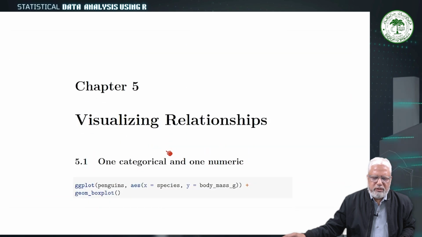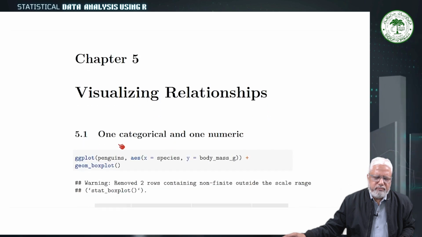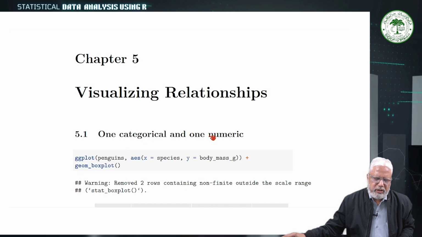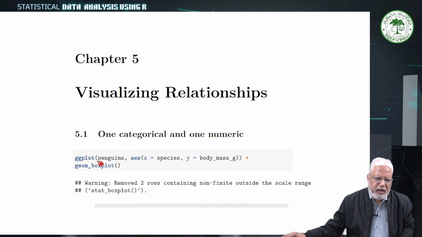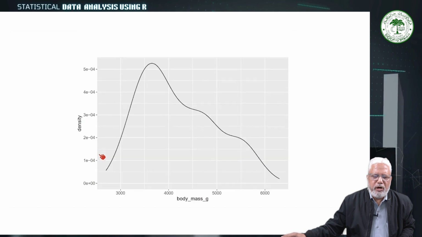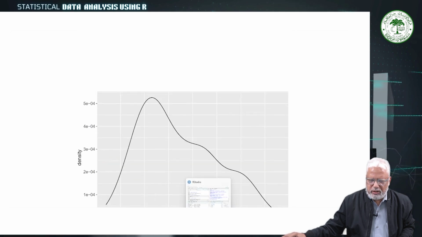Then visualizing relationship, one categorical and one numeric. ggplot penguins, first I would like to plot these commands here on the screen.